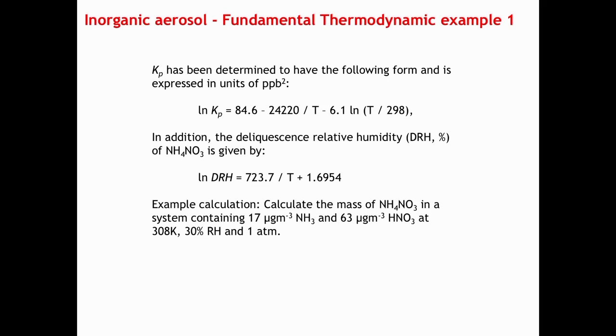So this is saying if you have 25 parts per billion of ammonia and 25 parts per billion of nitric acid, you're supersaturated, and so you form 22 microgram per cubic metre of ammonium nitrate. So the steps that you take: first of all, to establish that you're at the equilibrium position, you know the deliquescence relative humidity. Calculate the partial pressure products.